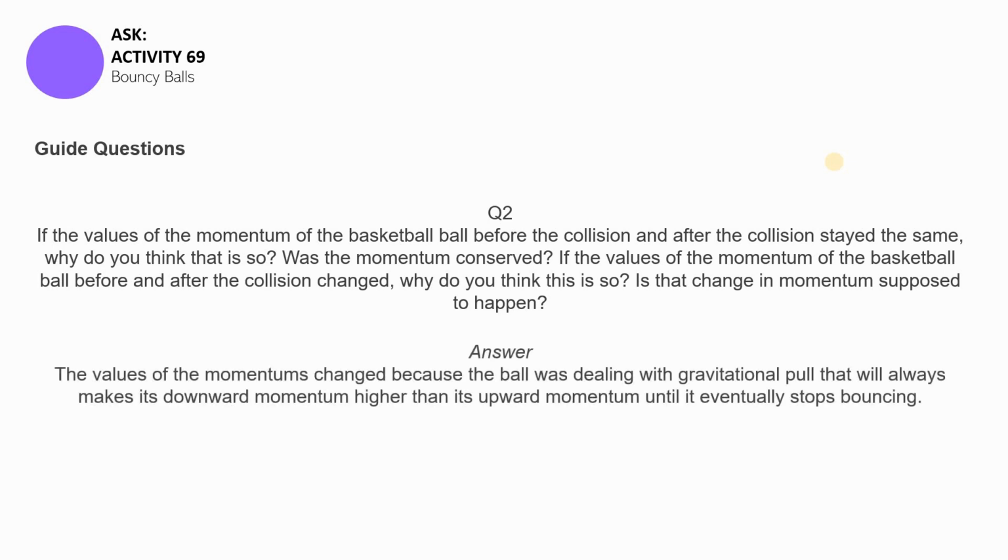Question number 2, the answer is the values of the momentums changed because the ball was dealing with gravitational pull that will always make its downward momentum higher than its upward momentum until it eventually stops bouncing. Okay. Nung pababa yung bola, mataas ang momentum nun kumpara nung nag-bounce siya pataas.